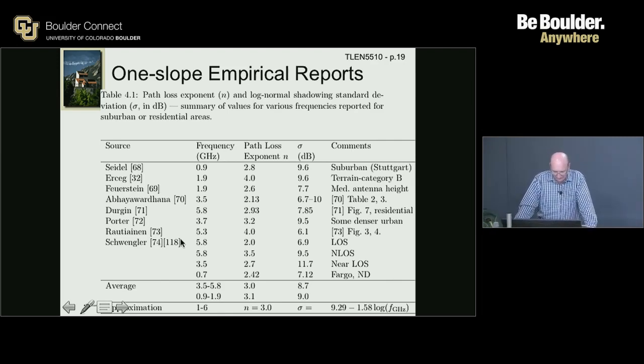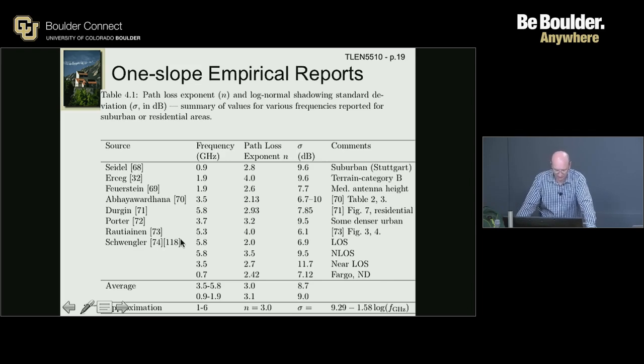And what do all those people do? Very simple things. Measurement campaign at a given frequency, usually in a given area, and they publish it. So what I did here is just go look at all those things and compare them. And what do you see when you compare all those things? I've compared a lot of things, from fairly low frequencies to fairly high, well, I shouldn't say fairly high.